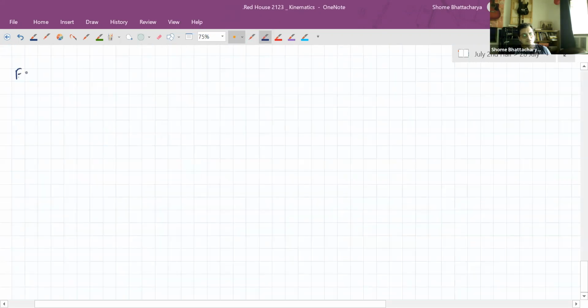Another type of example is, suppose this is given to us that a particle starts at t equal to 0 with initial velocity.